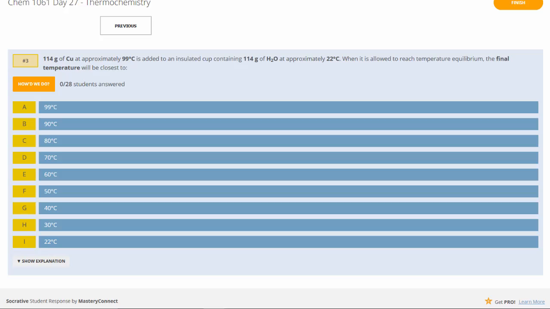Talk with a neighbor if you need to. What would you predict? If you feel you need to do some calculations, do some calculations. What do you think it will be?